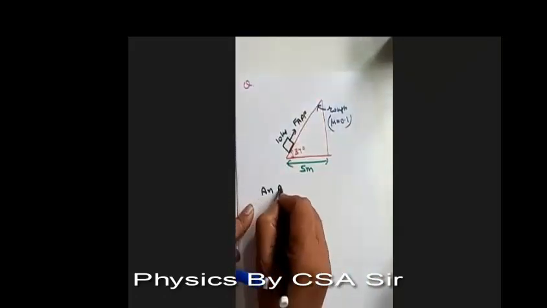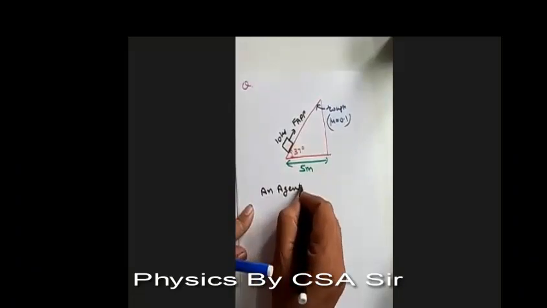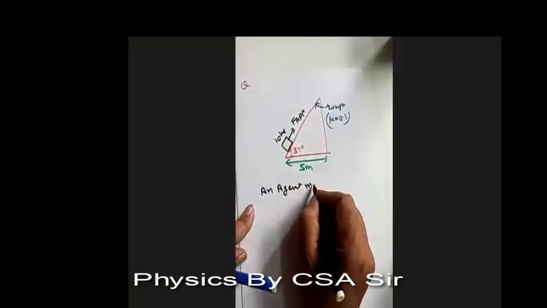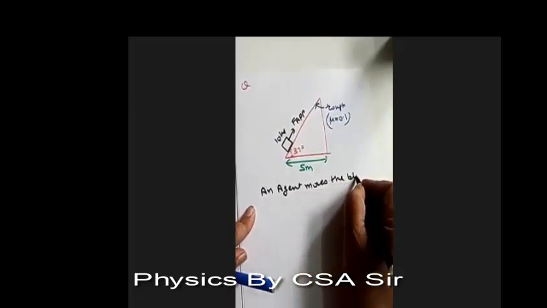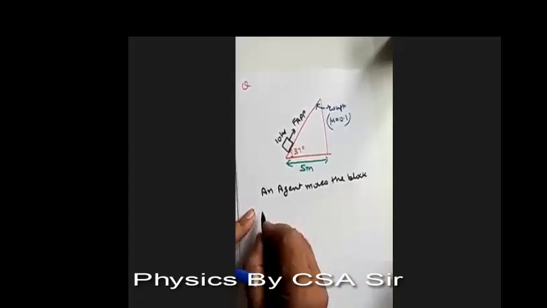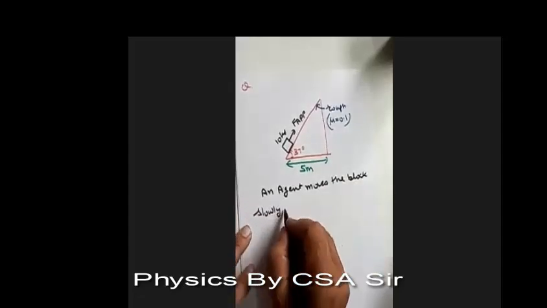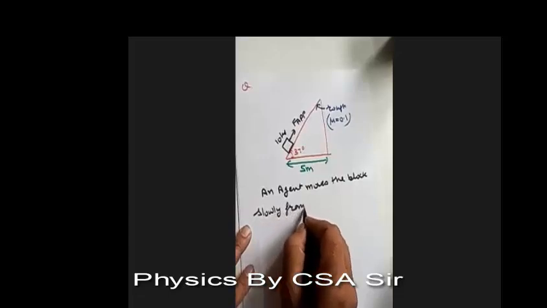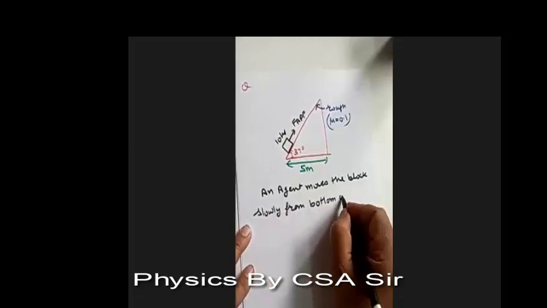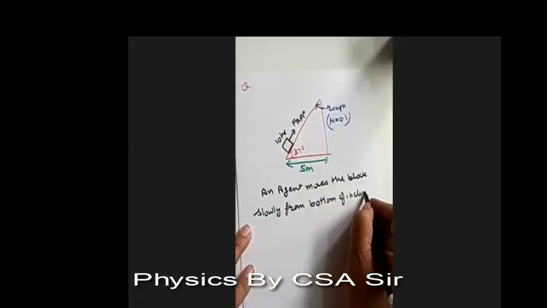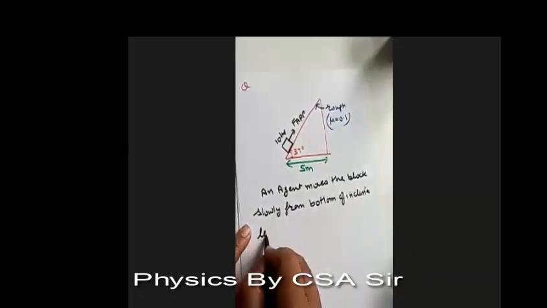An agent moves the block slowly from bottom of incline to top.